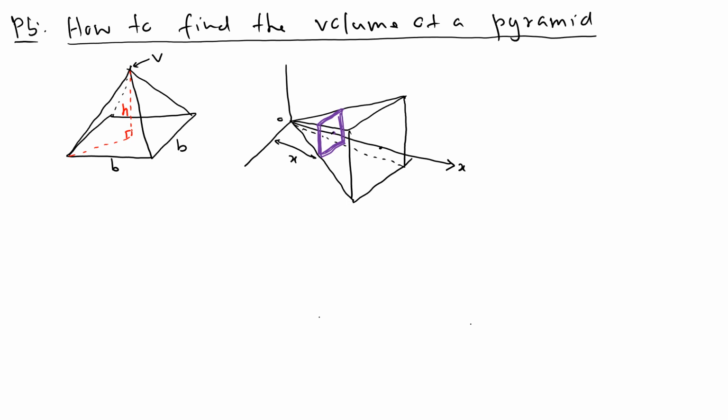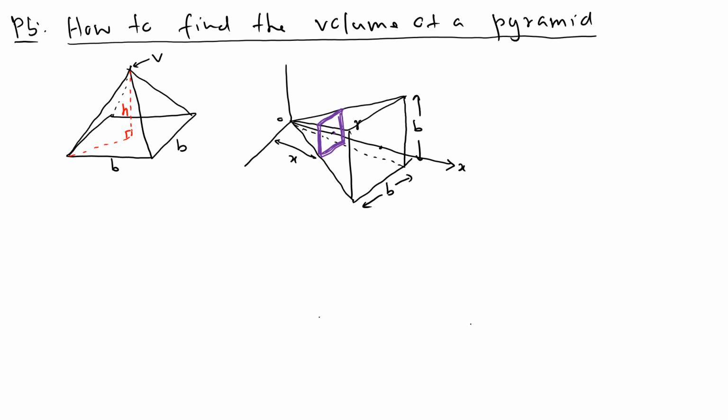So the goal is to find the base length. Let's say this is b, that's what we assume. If you look at the cross section, let's say the length of one side is r.